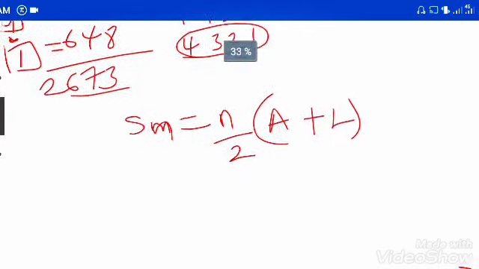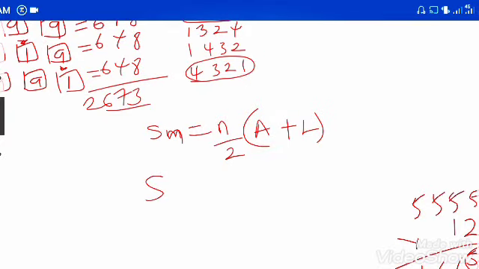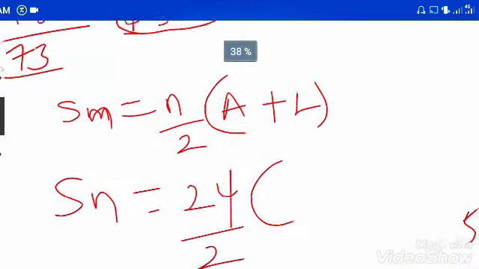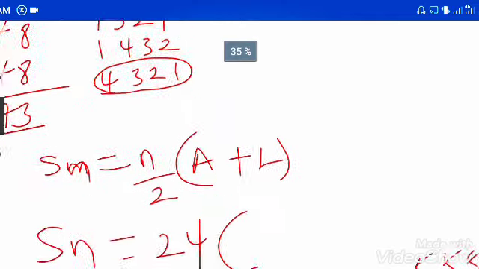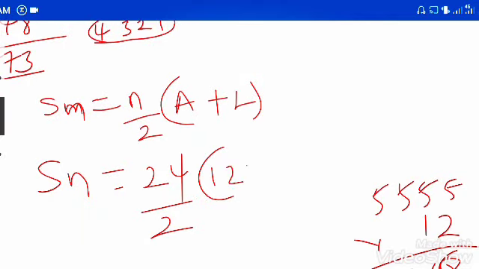So when we input our values, we have that Sn equals 24 over 2 into the smallest number we've already agreed is 1234, and the largest number is 4321.